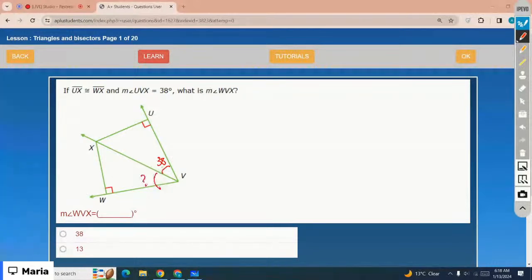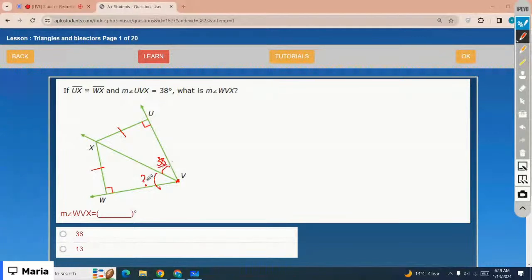Okay, so you are given UX and WX are equidistant, right? That means V is exactly halfway between U and W. So VX is the perpendicular bisector, and that divides the whole angle into half.